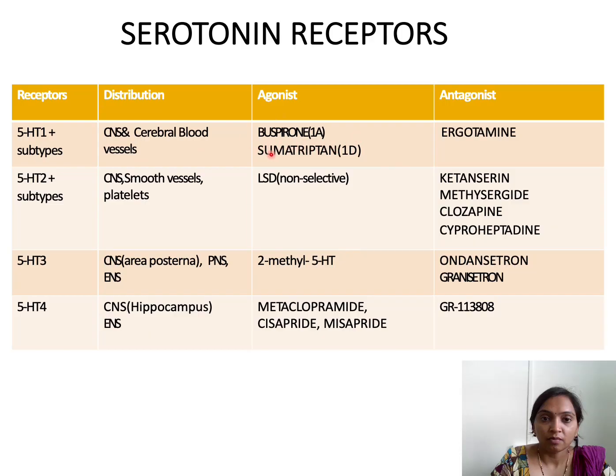So agonists are sumatriptan, buspirone, and antagonist is ergotamine. And 5-HT2 subtypes are also available. They are also present in the CNS, smooth muscles and platelets.